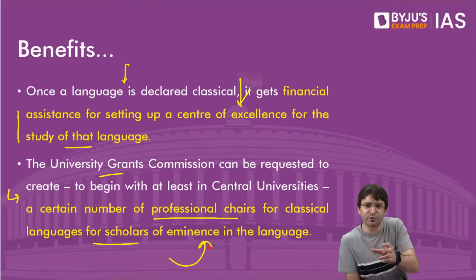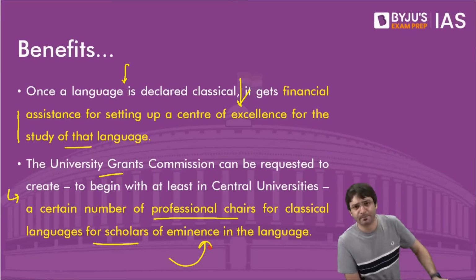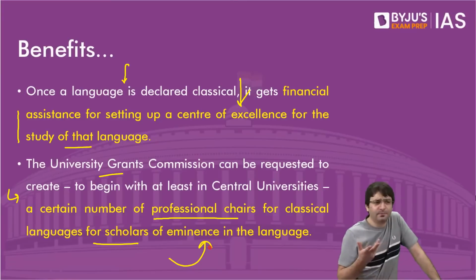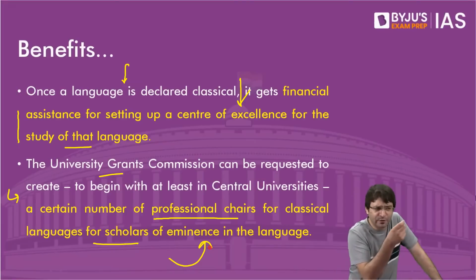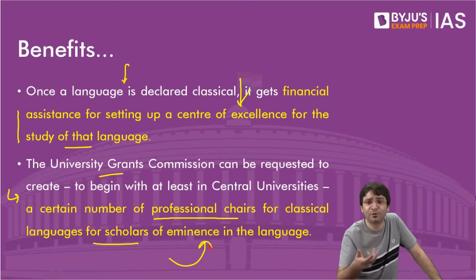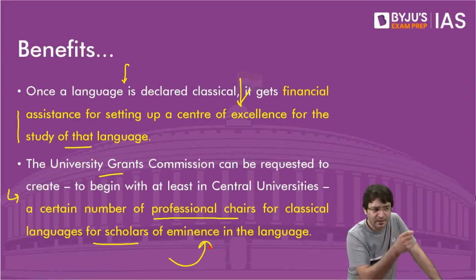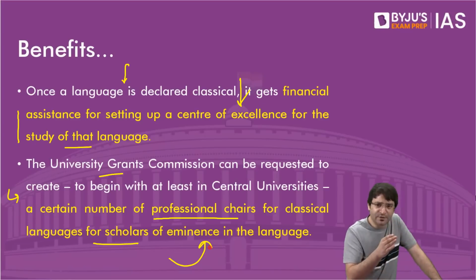You want to enroll in a graduate or a postgraduate program in a university. What is the thought process in your mind? You will opt for that course provided it gives you later employment opportunities as well. If a classical language has a course in central universities, I may opt for it.